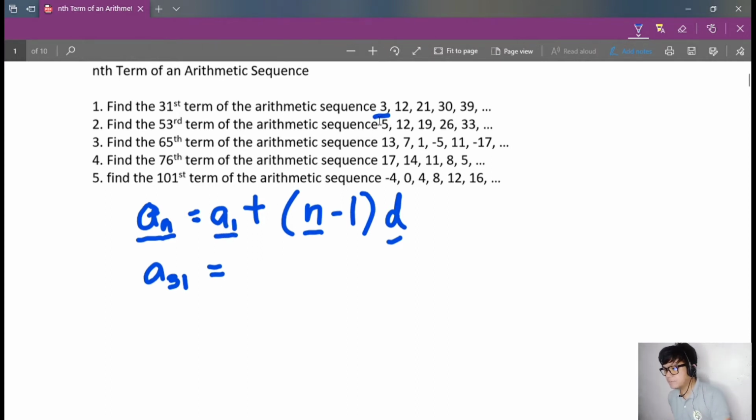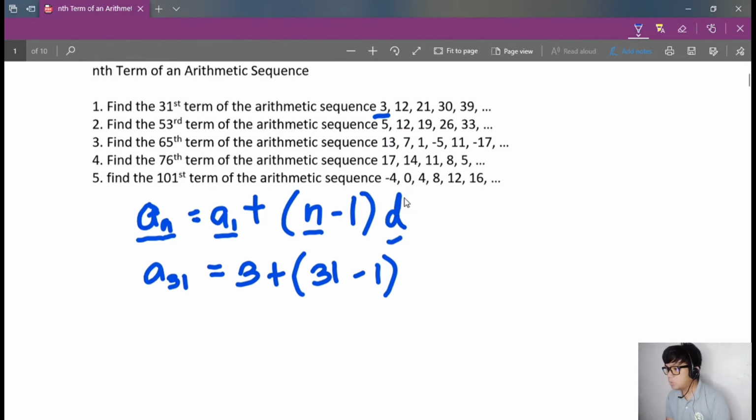Now our first term here is 3. So that is 3 plus n. So since pang 31st yung hanap natin, so there are 31 terms. So meron tayong 31 minus 1 times d, our common difference.